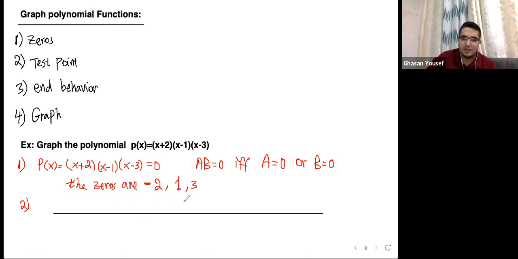We have to put the zeros that I found in the previous step on this line. So here is minus 2. Here we have the 1. And we have the 3.